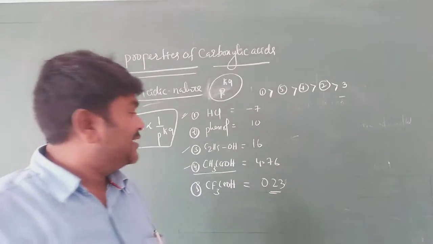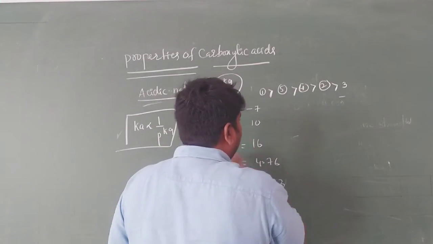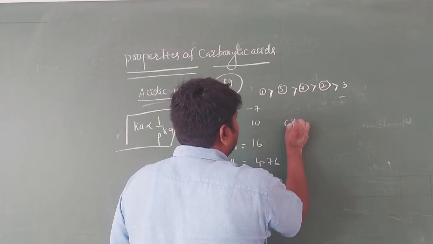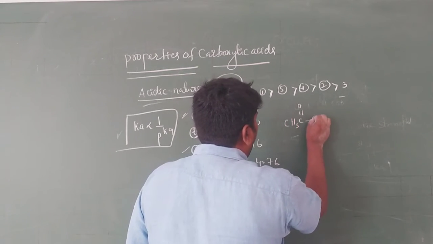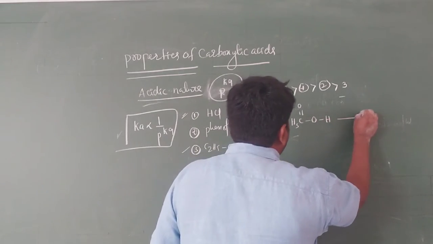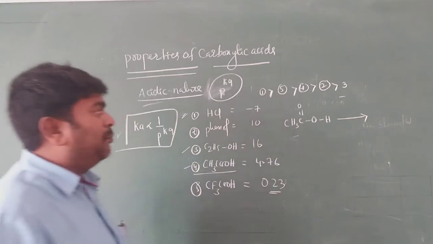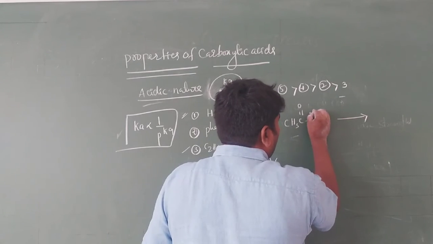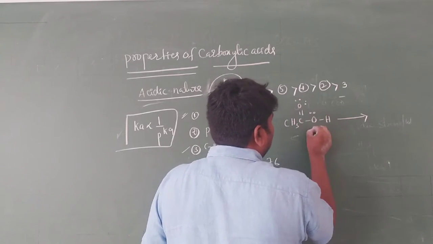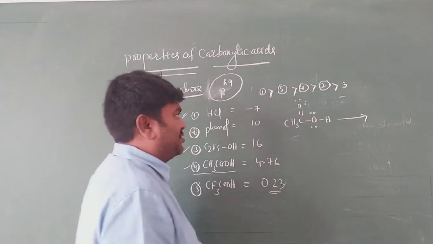What is the reason? See here, my dear students: CH3, C double bond O, O, H. Each oxygen contains 2 lone pairs.